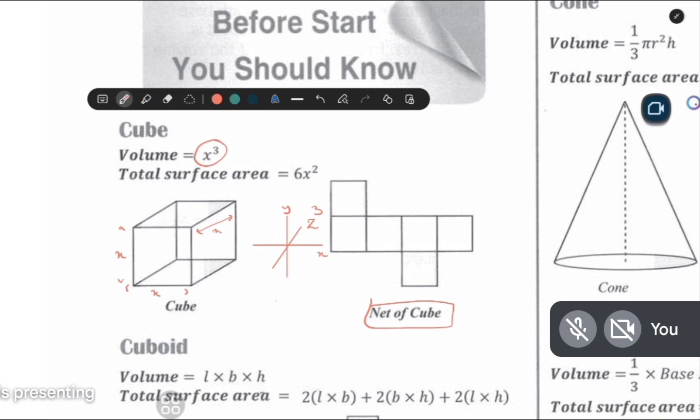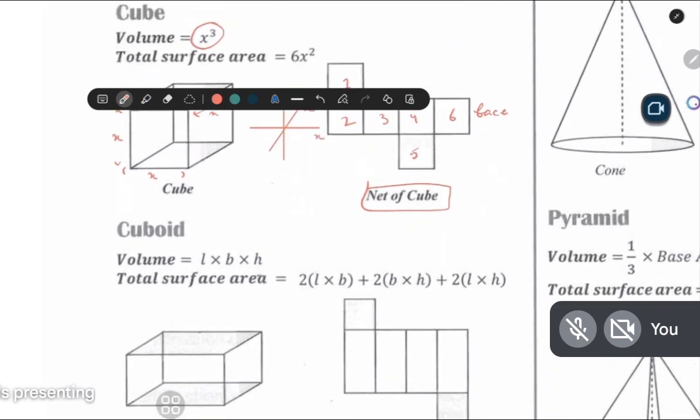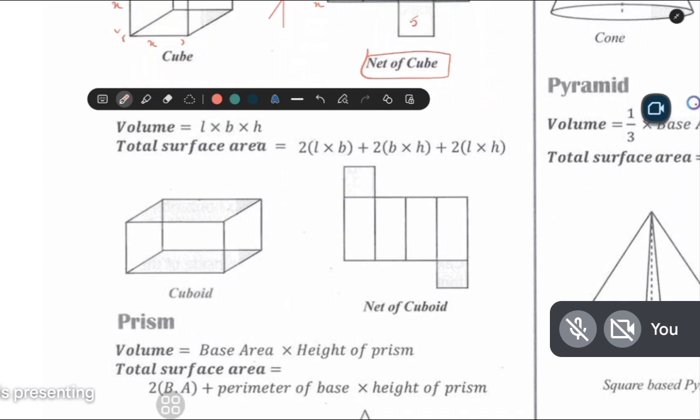A net diagram is basically when you open up the shape into a 2D plane. So when you open this cube up into a 2D plane, you get one, two, three, four, five, six faces. So this is a face or a surface. Similarly, when you open a cuboid, you get one, two, three, four, five, six faces.